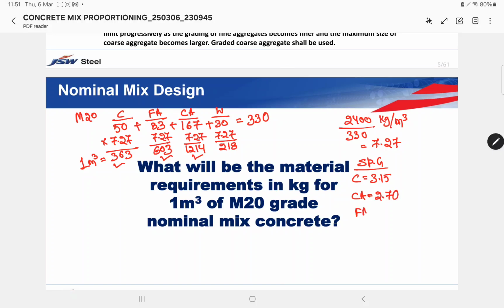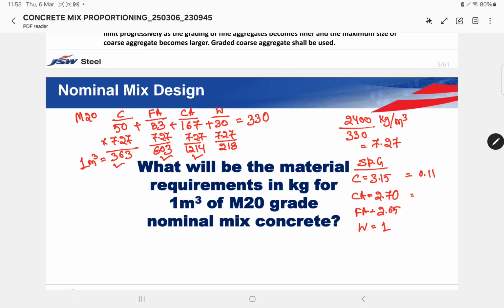For fine aggregate, it is considered 2.65, and water 1. So now we will calculate using these quantities. I will calculate the absolute volume of this material. So 365 divided by 3.15 divided by 1000, 0.11. The absolute volume becomes 0.11 for cement.